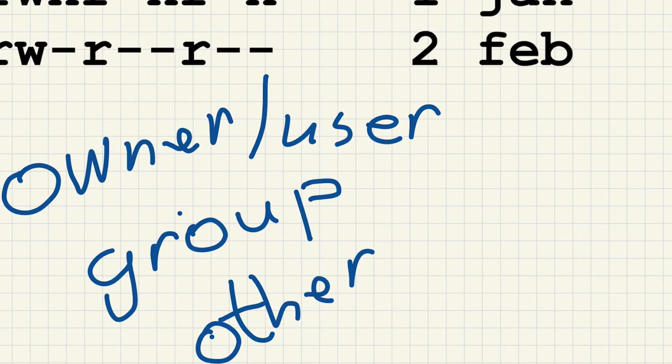The user, or the owner, that is the owner of the file, basically. So if you have created a file in your home directory, for example, then you are the user or the owner. And that means that you're allowed to change the permissions. If you remove all the permissions, then you cannot open the file.